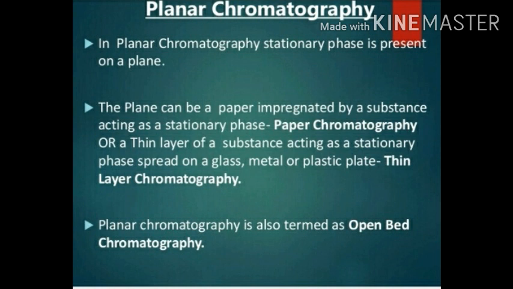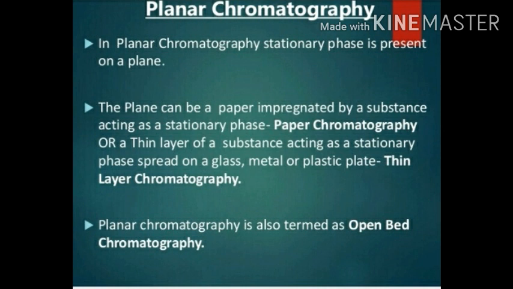In planar chromatography, the stationary phase is present on a plane, and the plane can be paper impregnated by a substance acting as a stationary phase. That means it is soaked in a substance acting as a stationary phase.